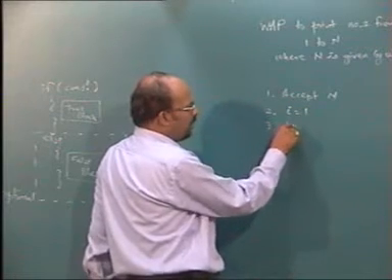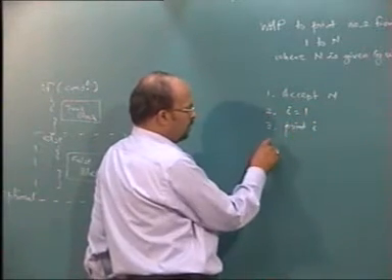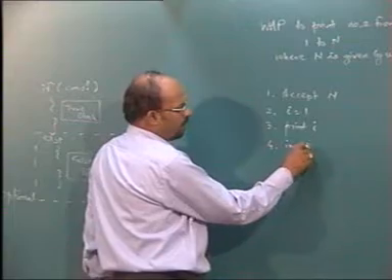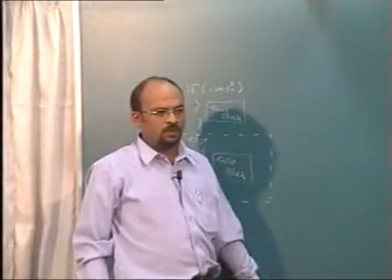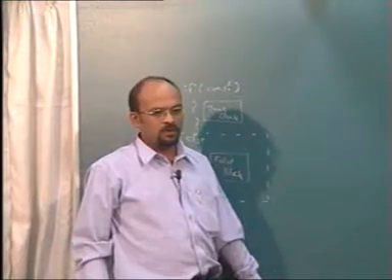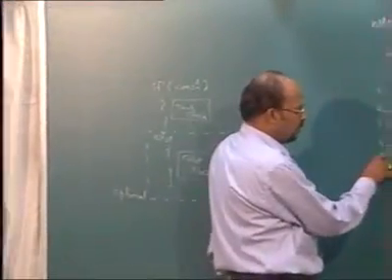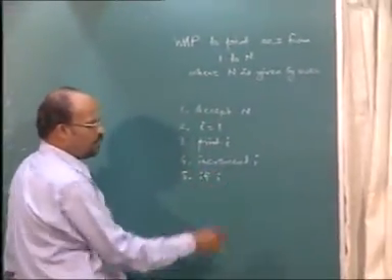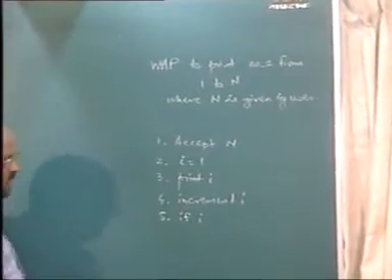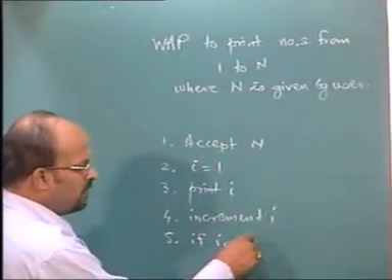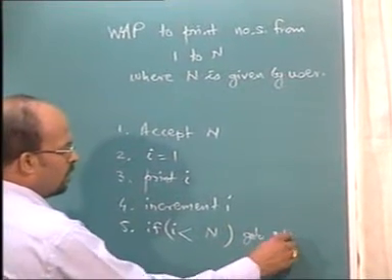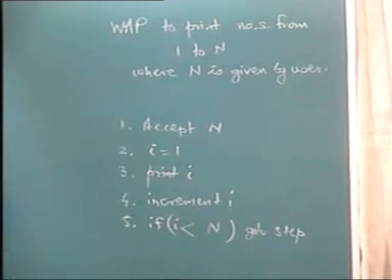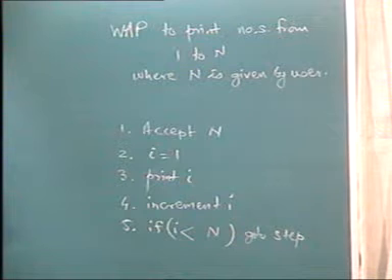Then you will say print I. Then you will say increment I. Then you will have to check if I is less than n, then go to step, which step? 1, 2, 3, 4.